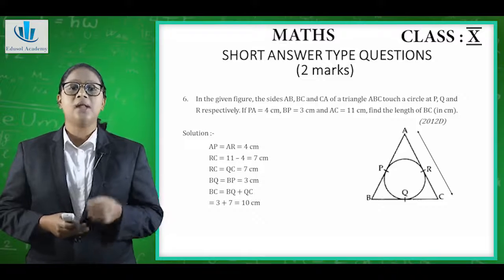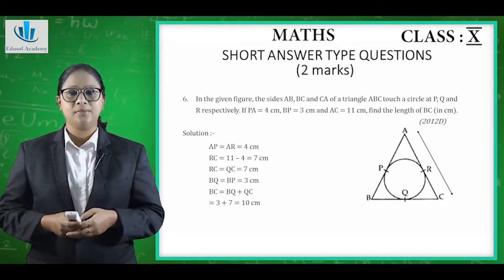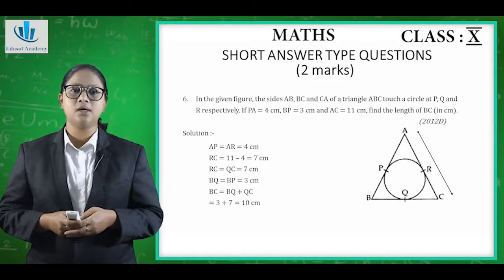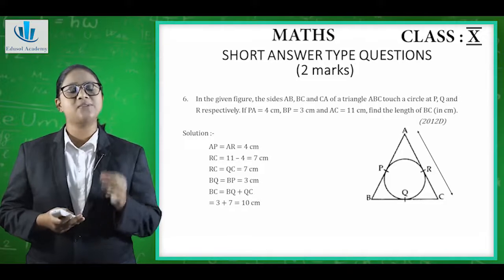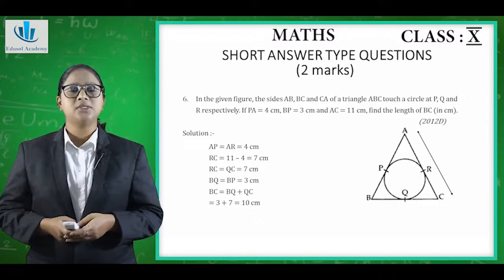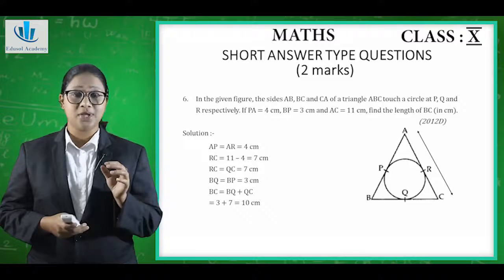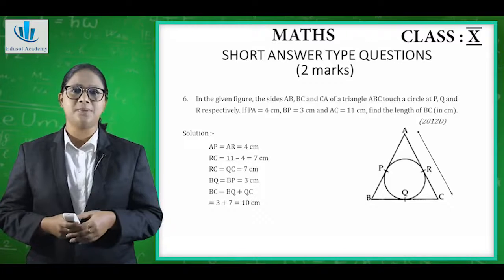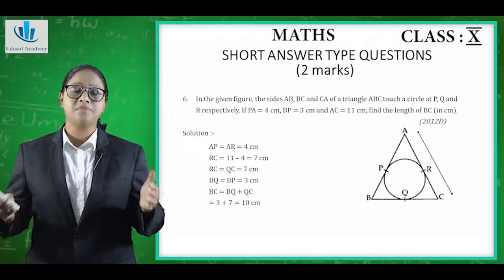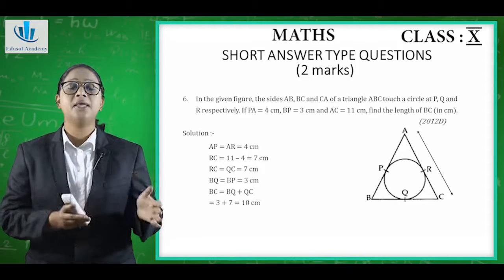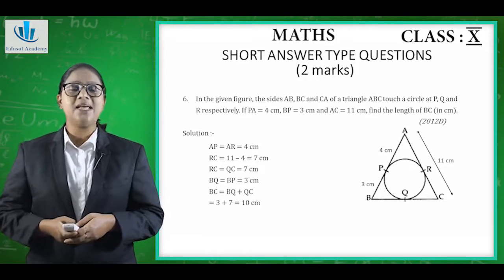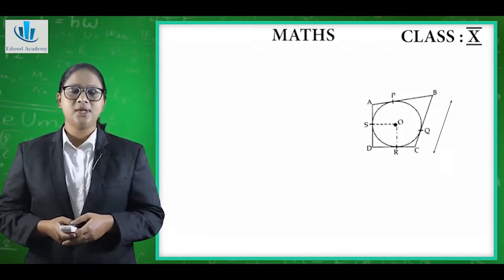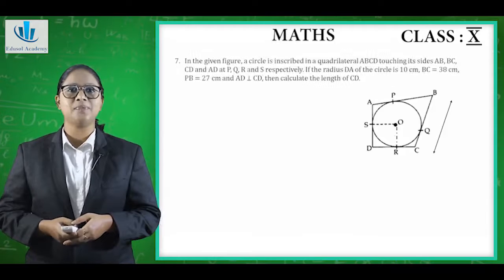Now BQ can be equated to BP, that is equal to 3 cm, as BQ and BP are tangents from the same point B. So BQ is 3 cm. So the total length of BC can be written as BQ plus QC, that is 3 plus 7, 10 cm.